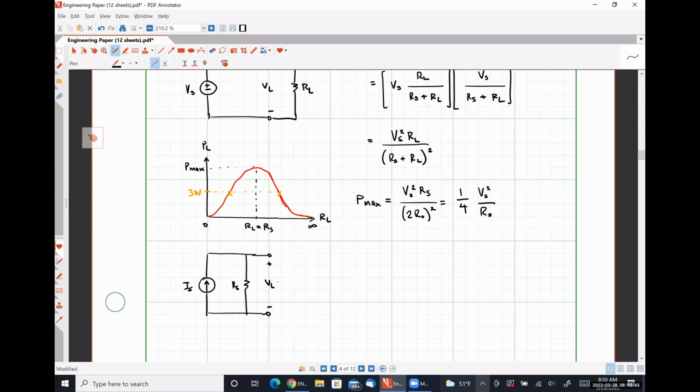Here is VL. Here's our load resistor, RL, our current IL. Maximum power transfer, again, will occur when RL is exactly equal to RS. And our equation is simply 1/4 Is squared times Rs.